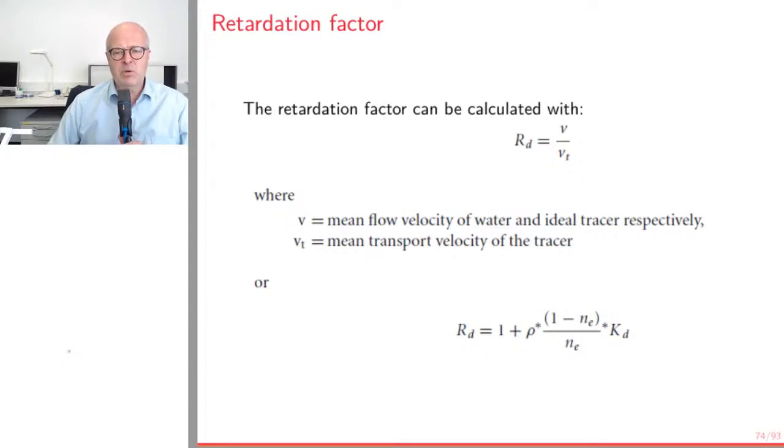You might have seen this equation before. So the retardation factor is actually the ratio of the velocity to the true velocity, and it can be calculated from soil properties using the parameters bulk density, effective porosity, and distribution factor KD.